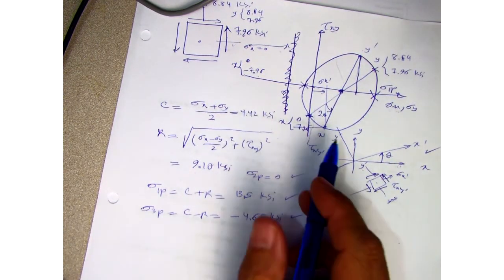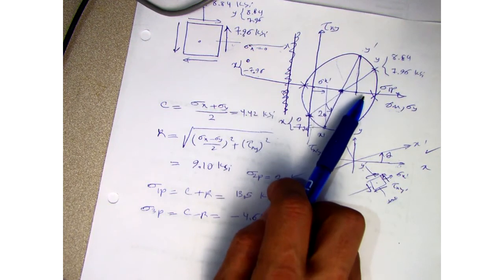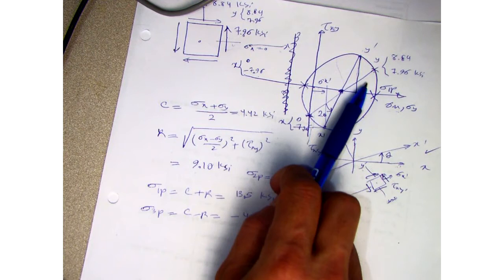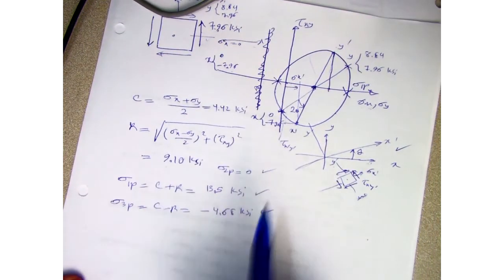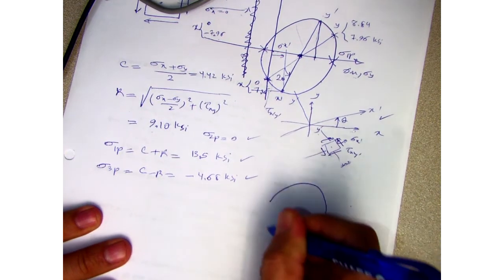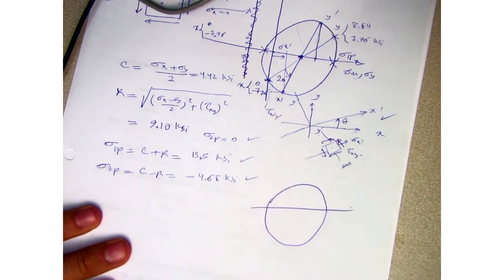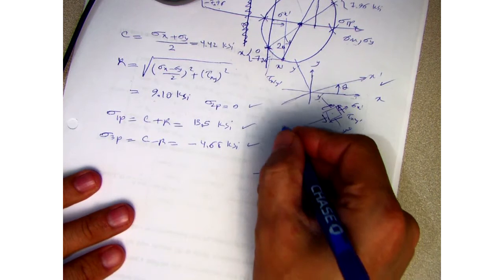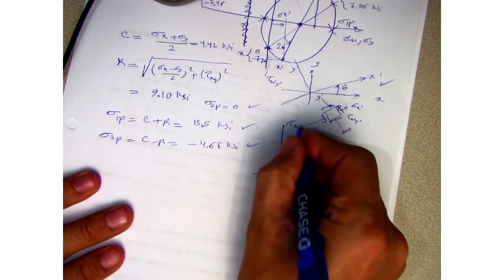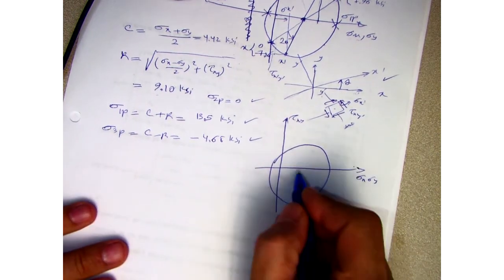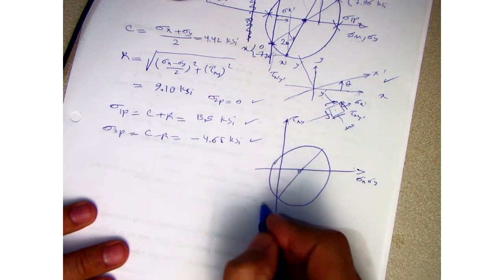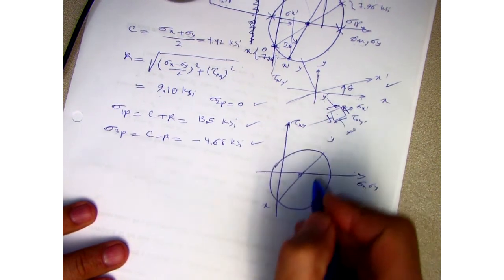Next question is how to get the orientation of my principal axis. So let me draw this again cleaner. This is kind of my sigma x, sigma y, tau xy. This was my x-axis, this was my y-axis.